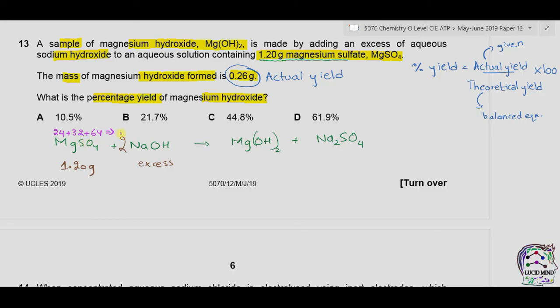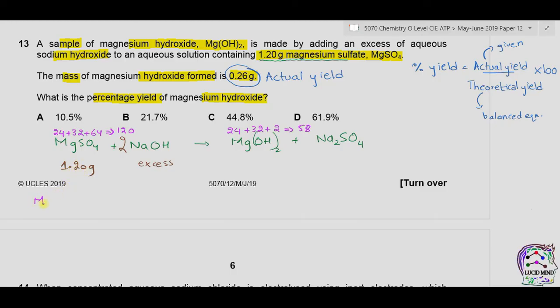So in total the molecular mass becomes 120. While for magnesium hydroxide we have 1 magnesium which is 24, 2 oxygen atoms which is 32, 2 hydrogen atoms which is equal to 2. So in total it becomes 58.